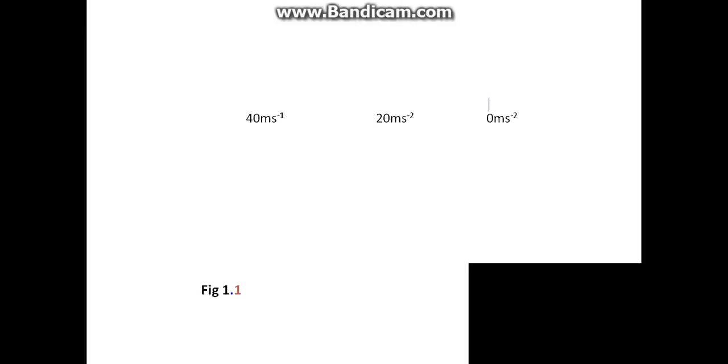Looking at this diagram, figure 1.13, the example shows that the body is moving with a velocity of 40 meters per second at P. Then at point Q, it is moving with a velocity of 20 meters per second.